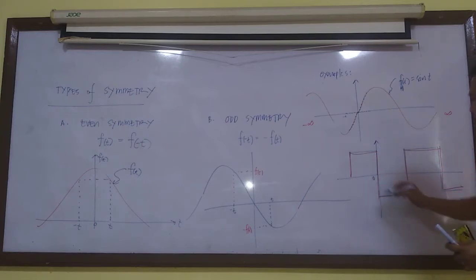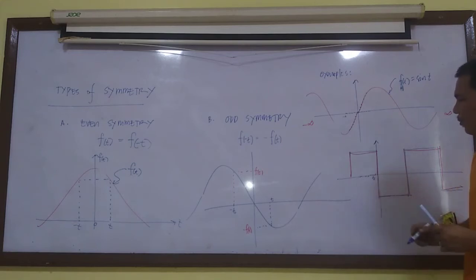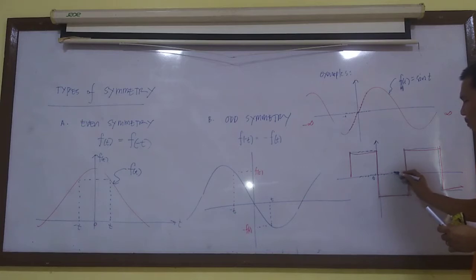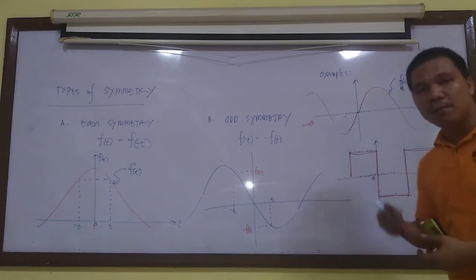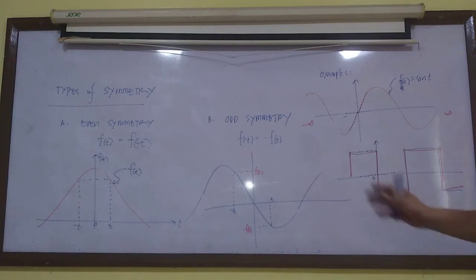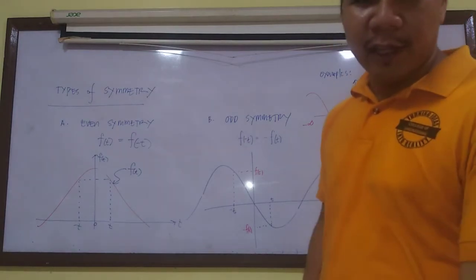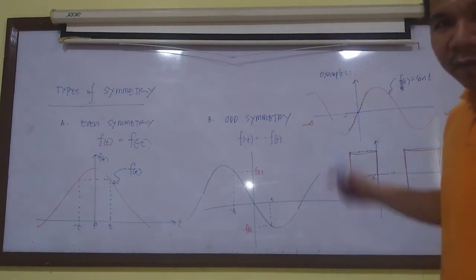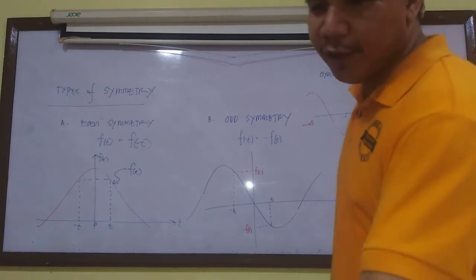This is your origin, and when time is approaching this value, the value is positive. When time is approaching this value, the value of f is negative. So that is an example. These are examples of odd symmetry waveforms. Any questions with odd symmetry? Feel free to comment on this video with your questions.